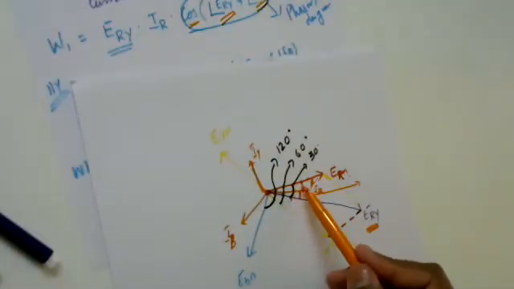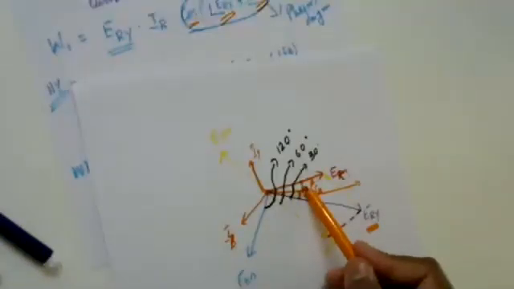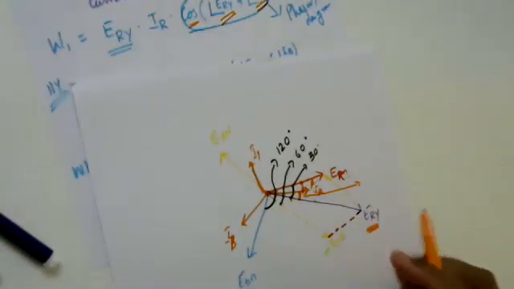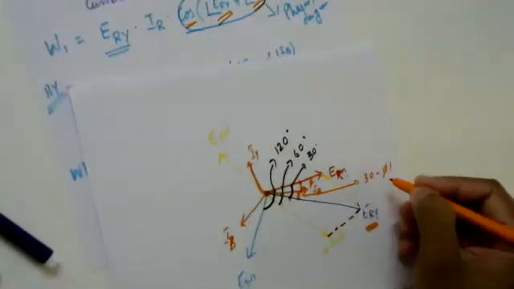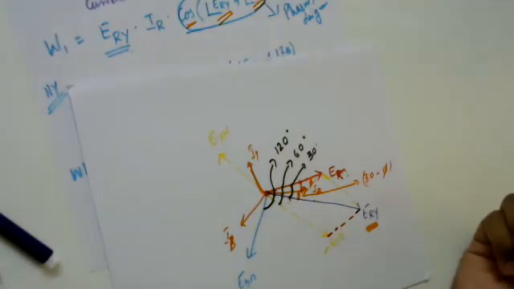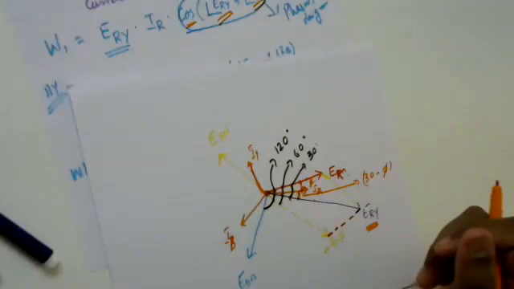So this is 30, this is phi. What is this? 30 minus phi, right? So this angle I can write as 30 degree minus phi. Understanding? Is it clear to you? Okay.